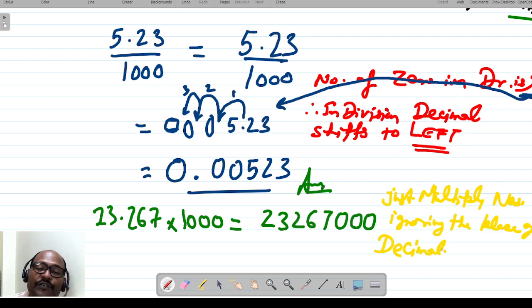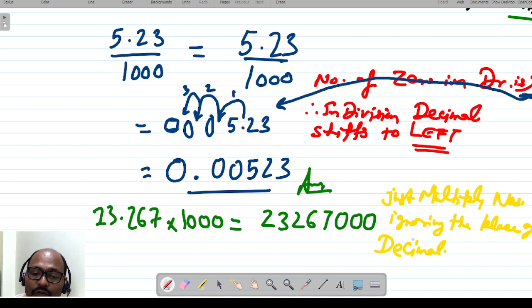In multiplication, in terms of 1, 10, 100 or 1000, or whatever it may be, when the number of zeros is there, irrespective of any kind of number, two decimal numbers or one numeral without decimal or one with decimal, just multiply the numbers ignoring the place of the decimal.